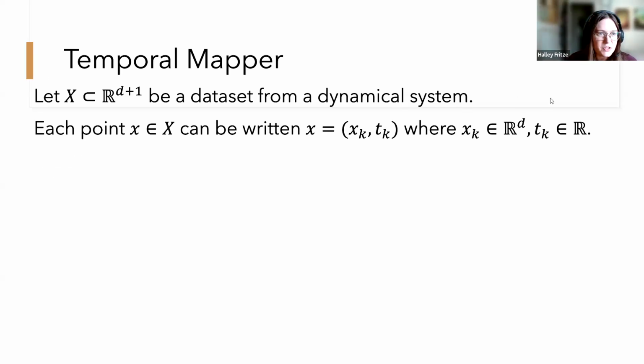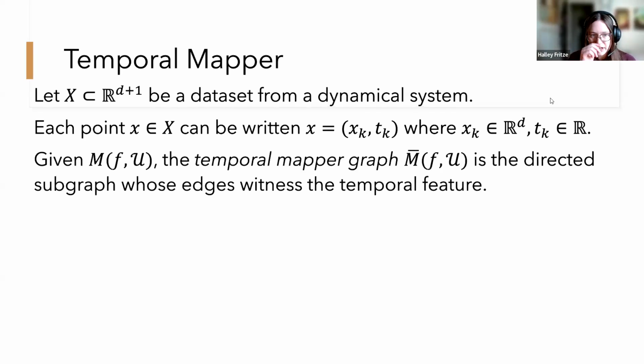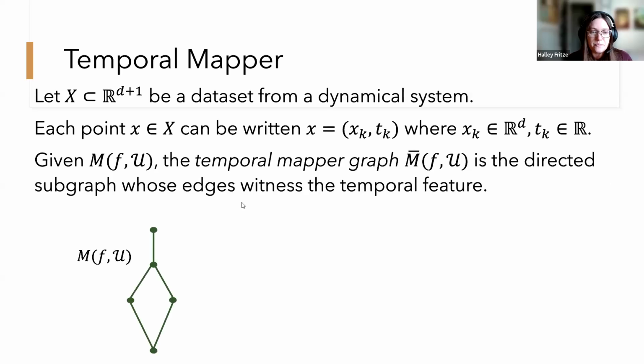Since it's a dynamical system, there's a temporal feature, so we should extract that. Now, if you take your data set and construct a mapper graph on it, every data point still has some temporal feature, and from that we construct a directed subgraph whose edges witness this temporal feature.